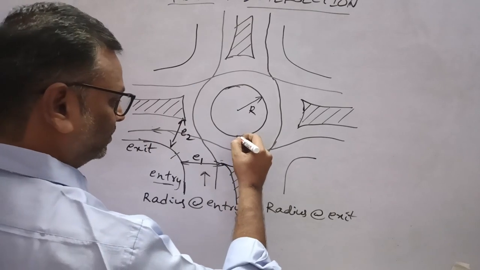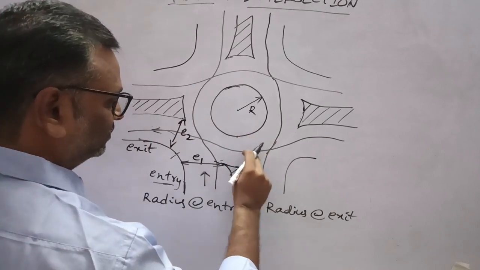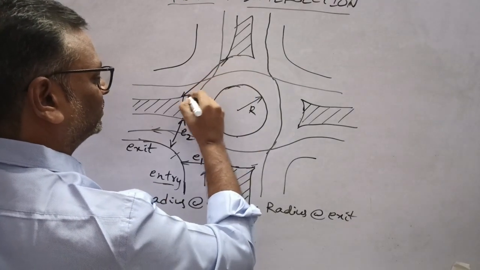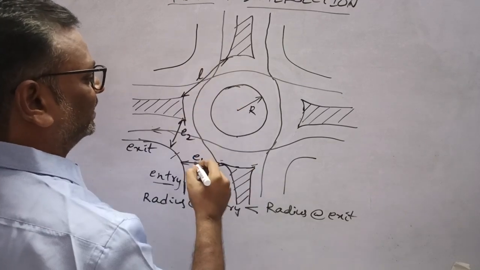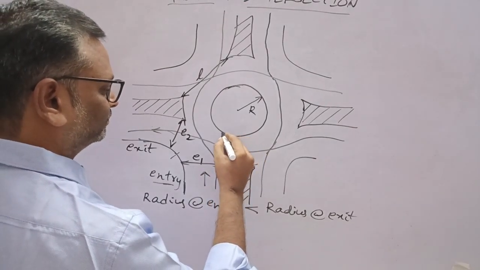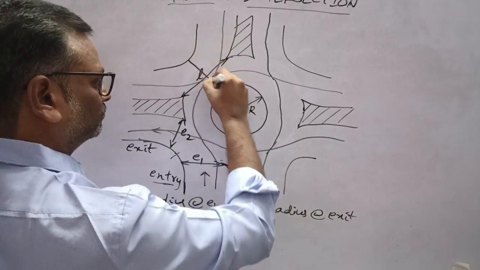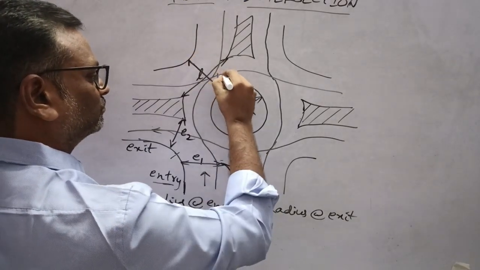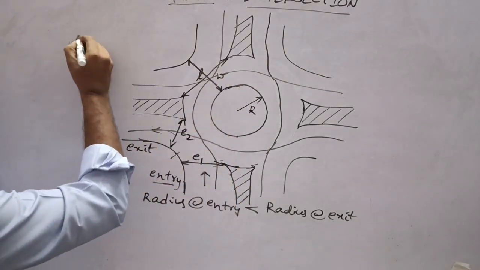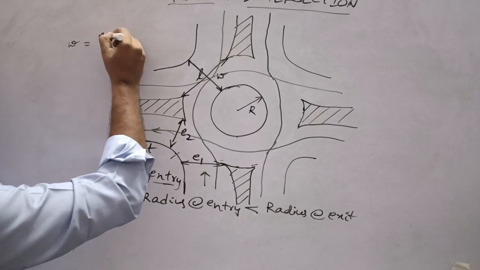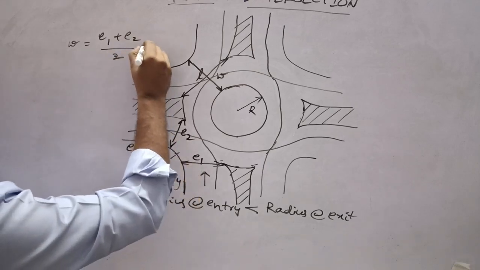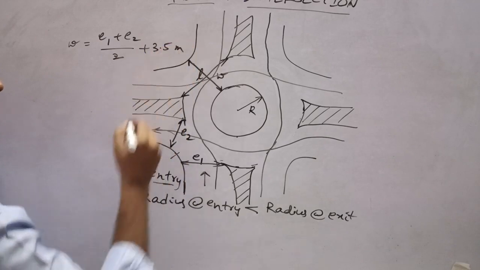And we have weaving section and non-weaving section, and this is weaving length, take it as L, and weaving width as W. So generally weaving width is equal to E1 plus E2 by 2, that is average of entry width and exit width, plus 3.5 meter.